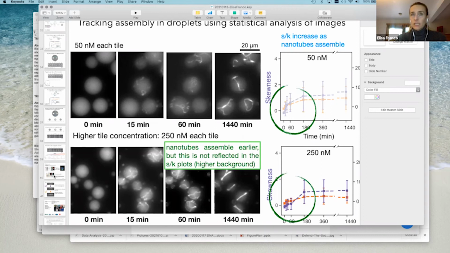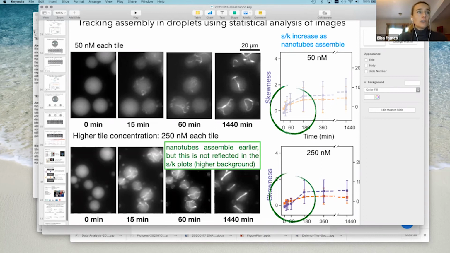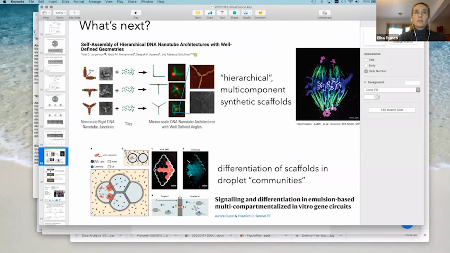Because DNA gives you a very good toolbox to control the geometry and the kinetics, we really use it as a basic toolbox of showing what you could do if you could control kinetics, if you could control how things interact with other chemistries. Well, this is how you would do it. Does that make sense? Aside from synthetic cells, at the moment I don't have other particular applications in mind.